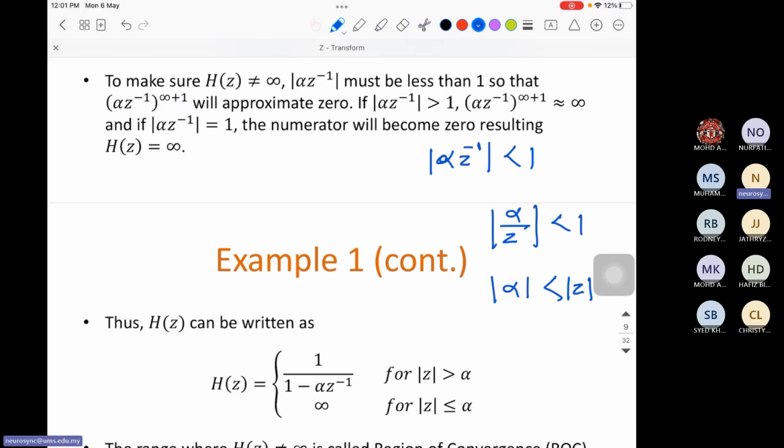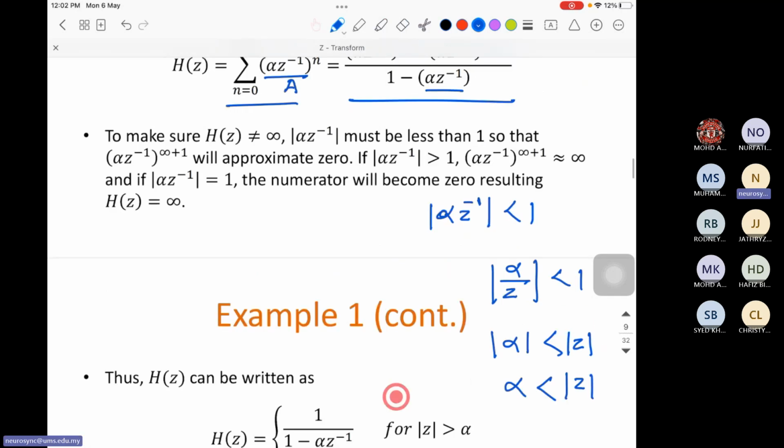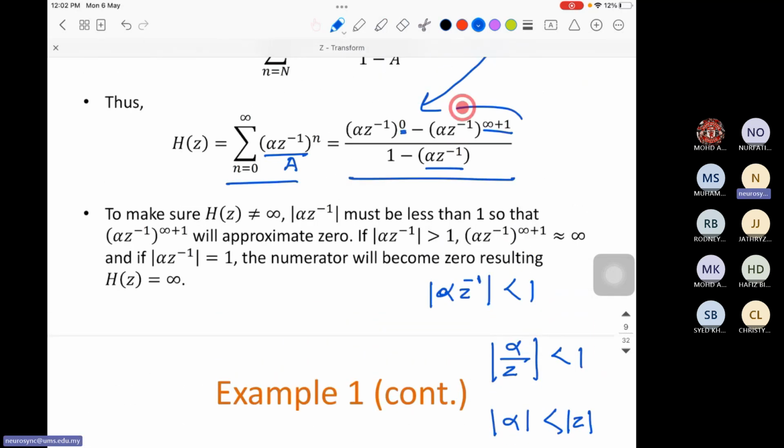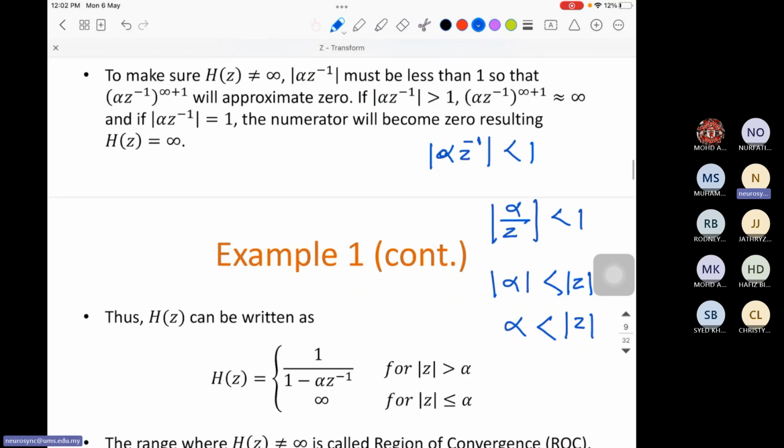If alpha is less than z, then this term will be 0, and this to the power 0 means 1. So we are left with 1 divided by 1 minus alpha z to the power minus 1. If mod of z is greater than alpha, then this is the solution.